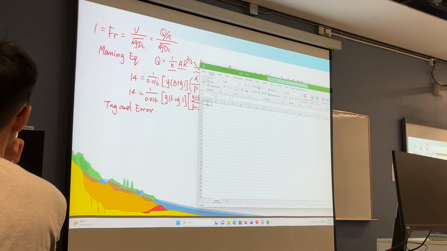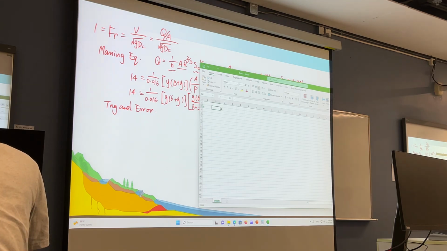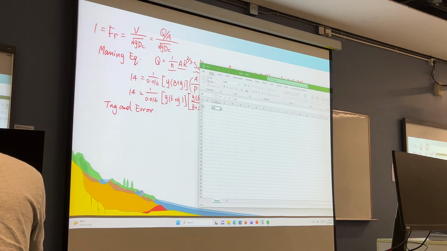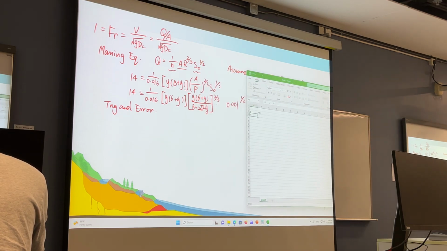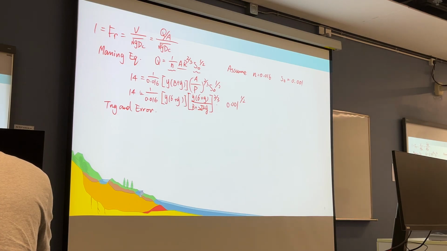Alright, we can try the y value, we can try 1, 2, 3, 4, 5, 6, 10. Now we will modify this equation, maybe we subtract, just like we modify this 1 over 0.016 to compare with 0. We can also combine this one.